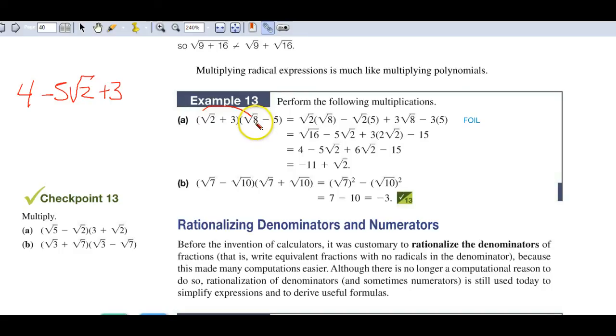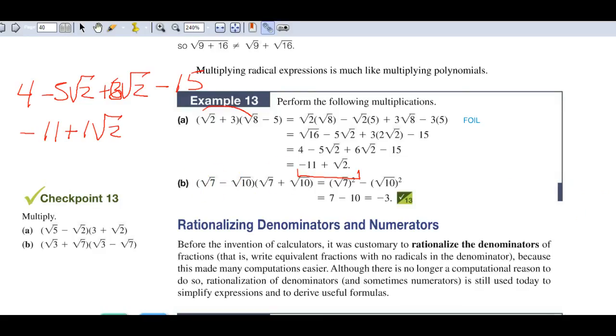Now we said the square root of 8 was actually 2 times the square root of 2, so this is going to be 6 square root of 2. And then our last is a negative 15. So we have here a negative 4 and a negative 15, which gives us a negative 11. Then we have a negative 5 and a 6, which just gives us a plus 1 that we don't write, the square root of 2. And there that is.